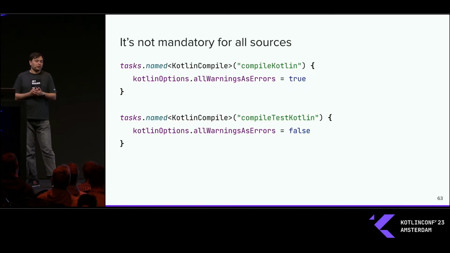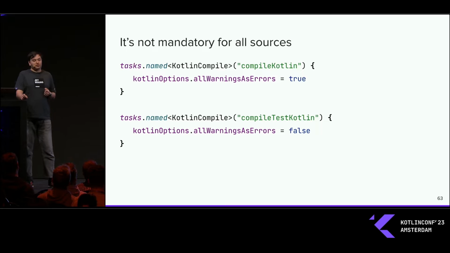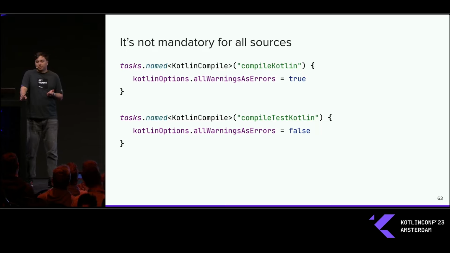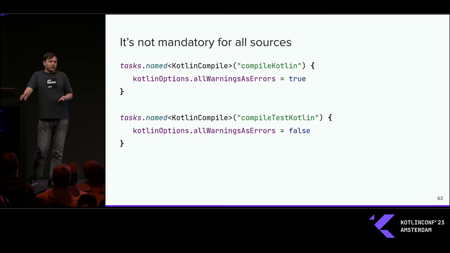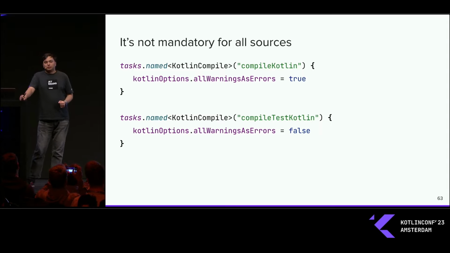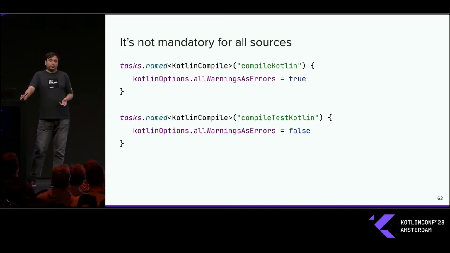So what I recommend is to turn allWarningsAsErrors mode on only for production sources. If you take your compileKotlin task, you can enable allWarningsAsErrors there, and for compileTestKotlin, leave this setting disabled. By doing so, you can freely experiment in your test sources, but your production sources will have much stricter rules.